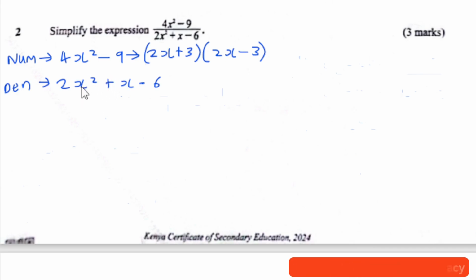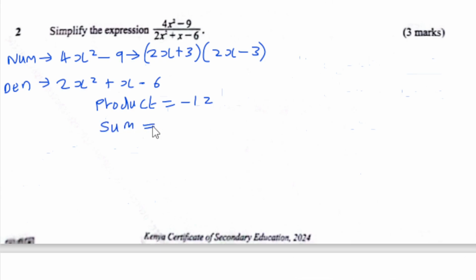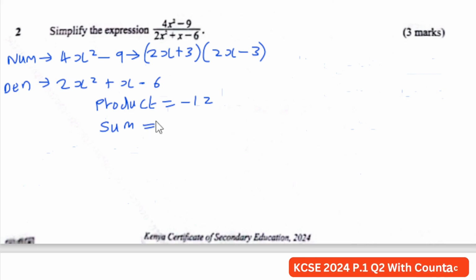The way we factorize it is that we use the factorization method, where we take the first term and multiply it with the last term. We look for two numbers whose product is 2 multiplied by negative 6, which is negative 12, and whose sum is the middle term, which is 1; that is, the coefficient of x is 1.